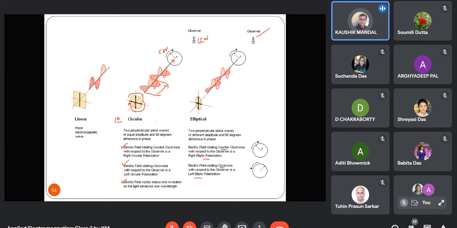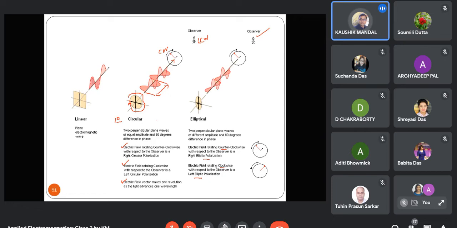So when you are defining that this is a right hand circular polarization, this is a left hand circular polarization, you have to mention the position of the observer. Someone may say that if it is counterclockwise, then it will be left hand circular, and if it is clockwise, then it will be right hand circular polarization.